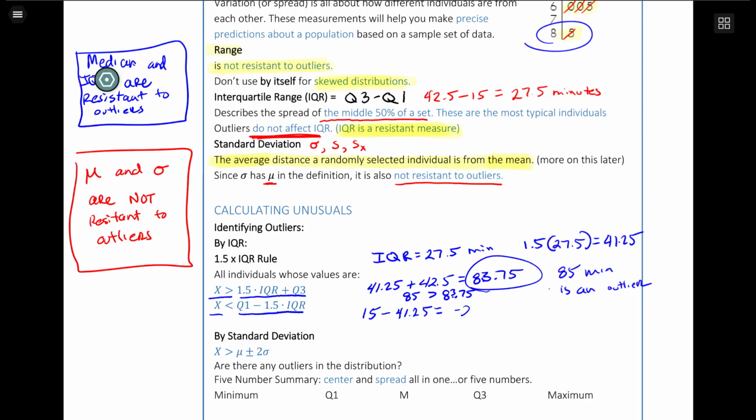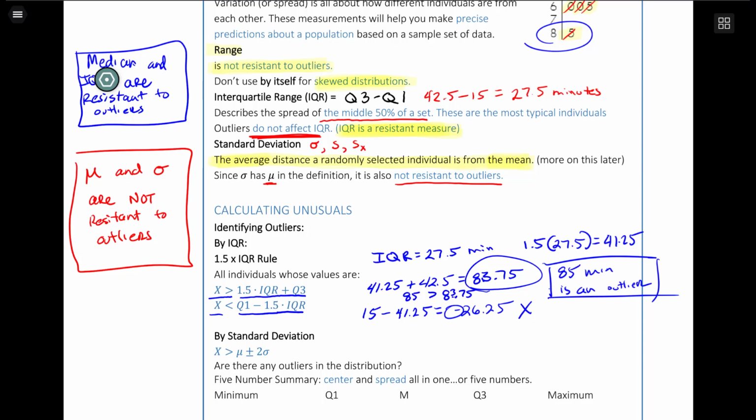We end up with, what, negative 26.25 minutes? How can you have a negative commute time? Nobody has a negative commute time, which means we don't have any individuals with a commute time that is less than this, which means we have no outliers on the low end. The only outlier we have is this one at the upper end.